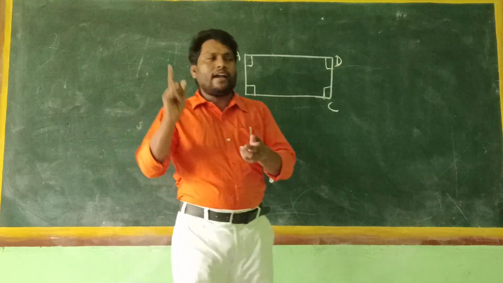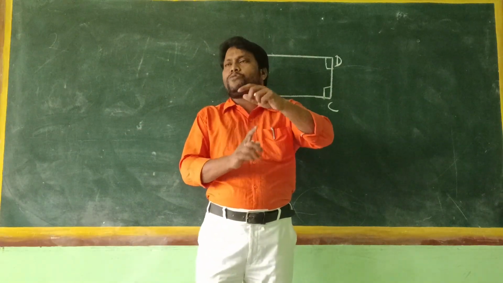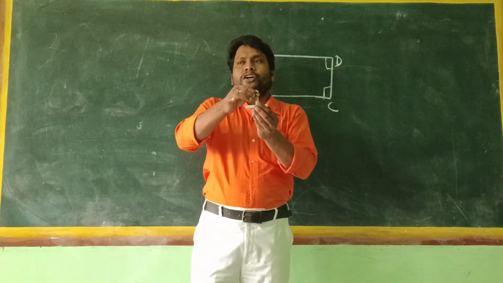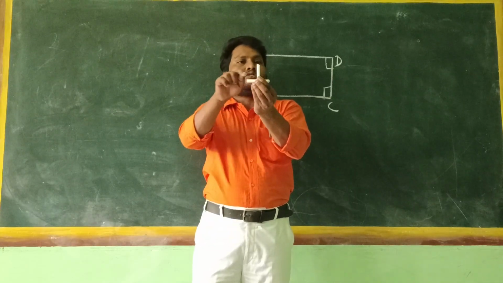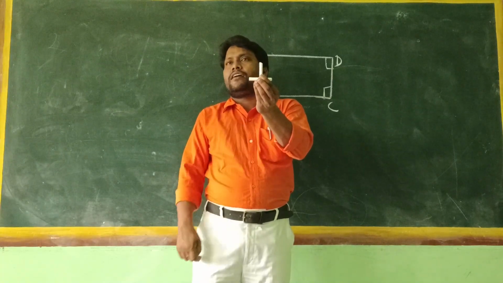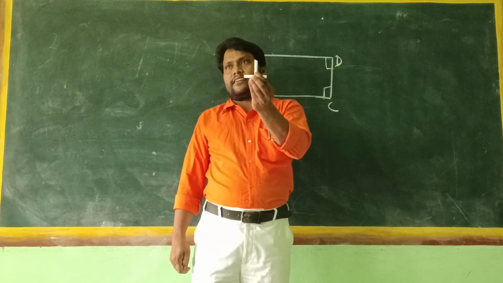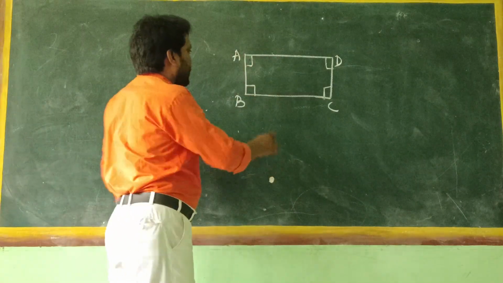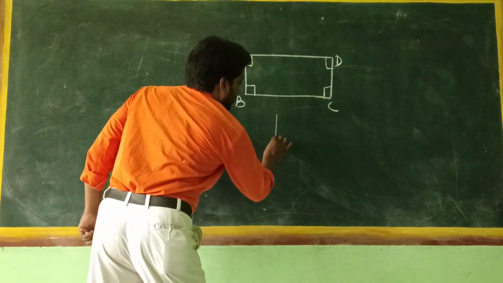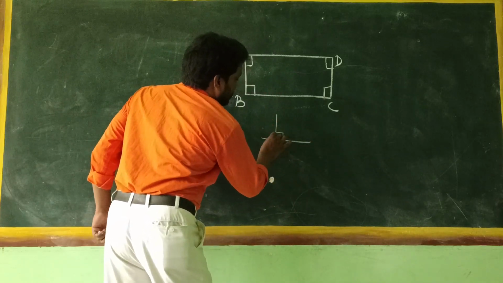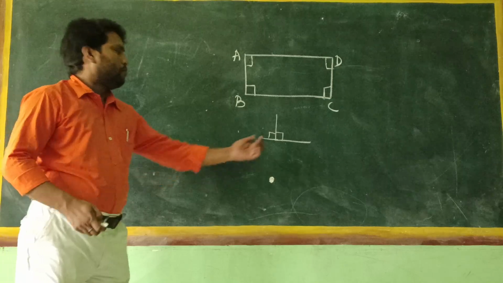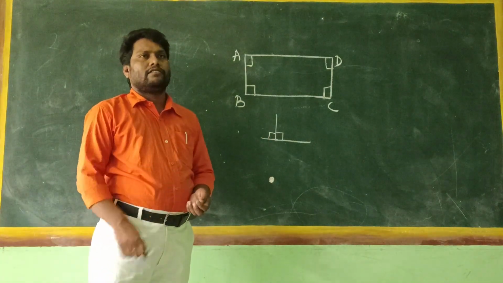That means one line is perpendicular to another line, and in such a manner two opposite angles are equal. So each of them is called a right angle. When one line intersects another line, suppose this line intersects that line, this angle and the angle on the opposite side, both are 90 degrees.